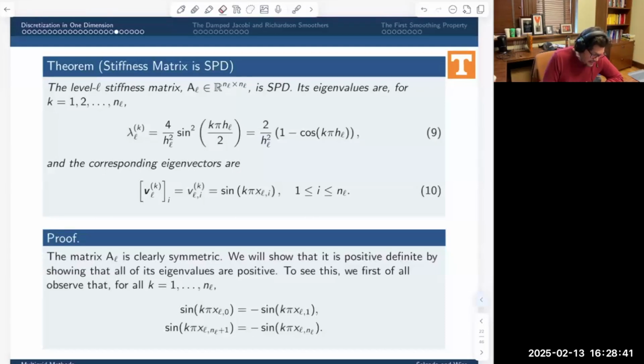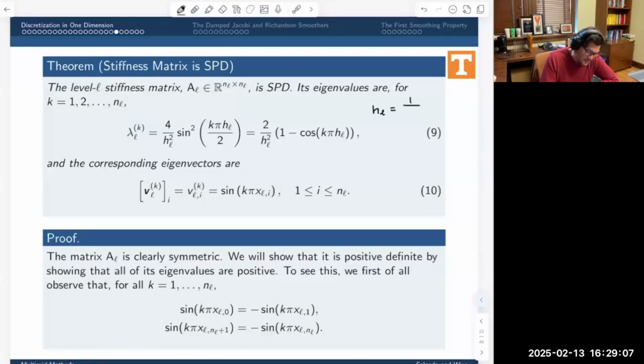There are exactly NL eigenvalues in number, and they have exactly the same functional form as previously, except the big difference here is how HL is defined. Previously, how did we define HL in the context of the standard finite difference method?